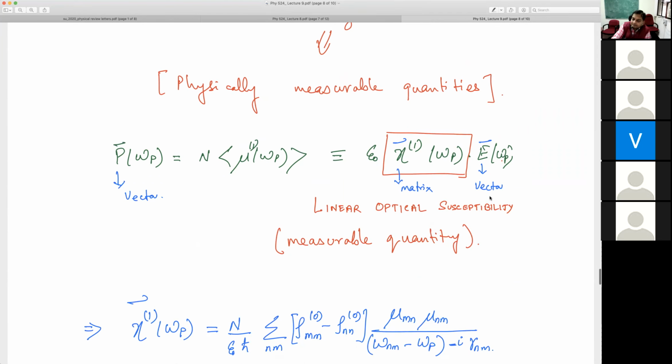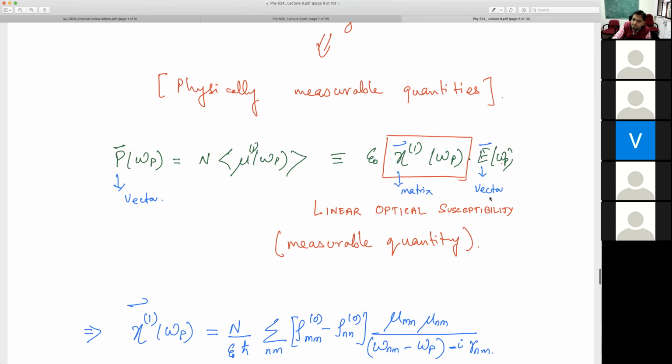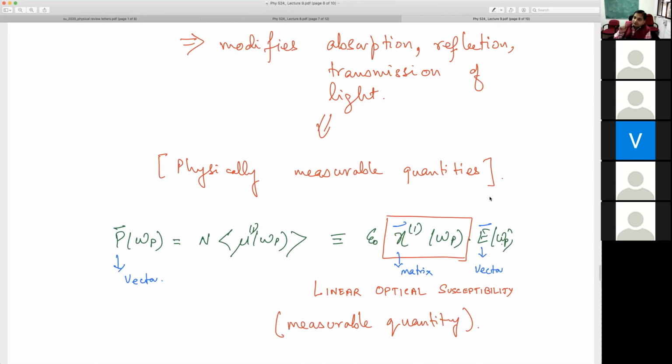Any questions here? Sir, what does chi1 represent? Chi1 is the first order correction in chi. So I can extend this equation. I can write P equal to something which is first order times E, plus chi2, second order, times E(omega_1) into E(omega_2), and then chi3 times E(omega_1) into E(omega_2) into E(omega_3), and so on.